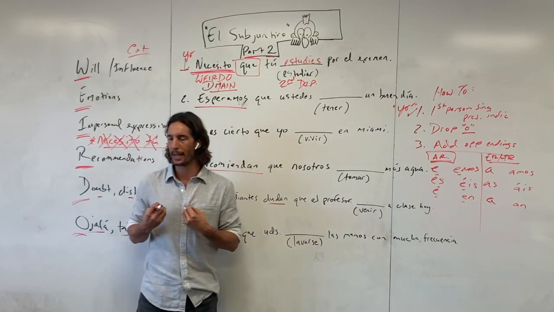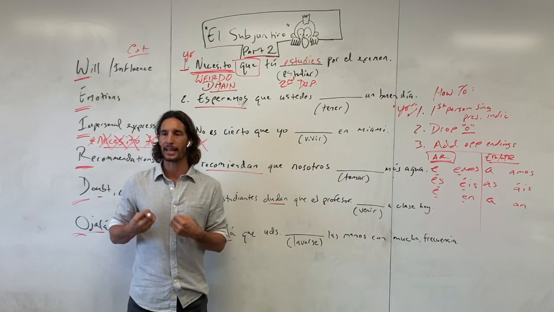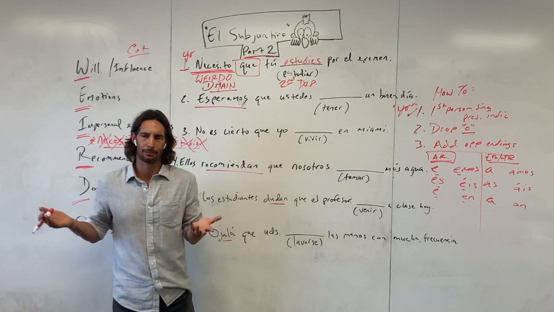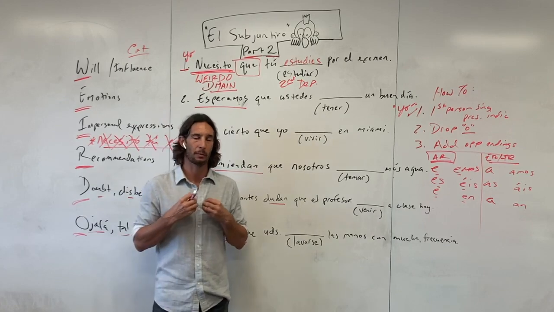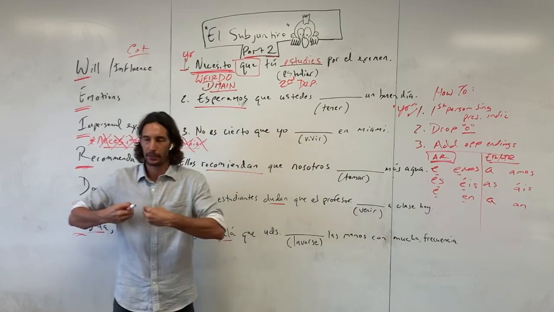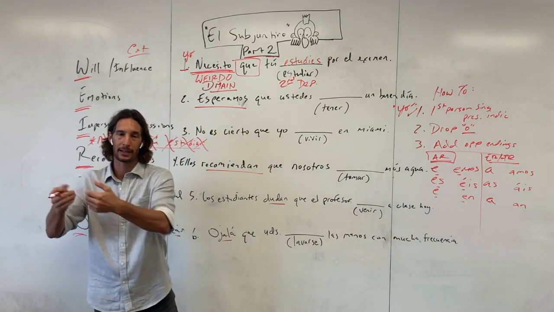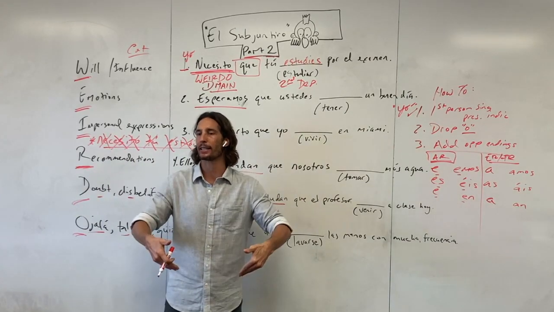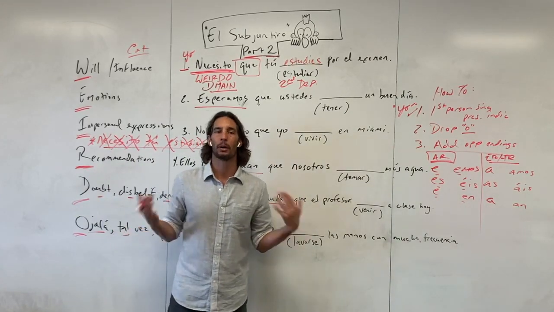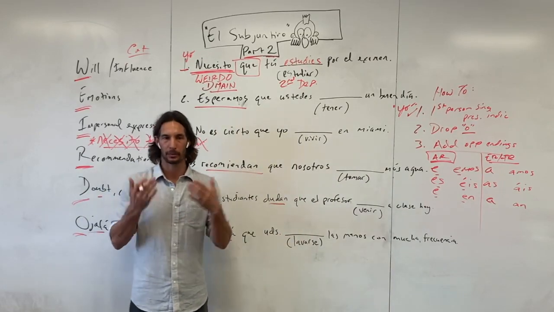Because I could say, I doubt that you're in class, but you're in class looking at me. But because I'm using the verb I doubt, I have to use estar in the subjunctive. So I'd say, dudo que estén aquí en la clase. Well, that's not true, but grammatically I have to use the subjunctive because I'm saying I doubt.